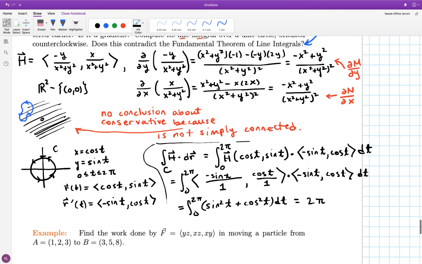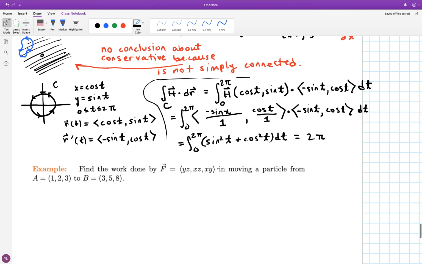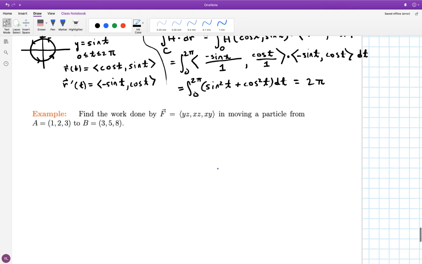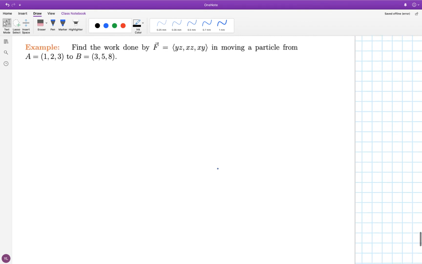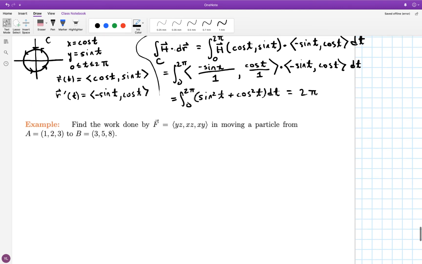Okay, let's, for some more practice, go through another example of computing the line integral of a vector field across a curve. And I'm going to do a real quick check here to see that this vector field is conservative. So let me remind you of the check for 3 variable functions.